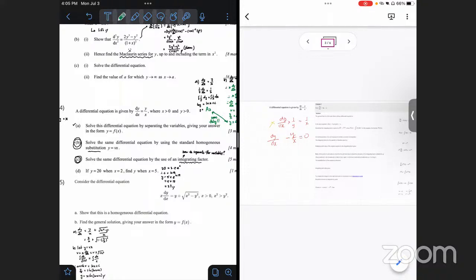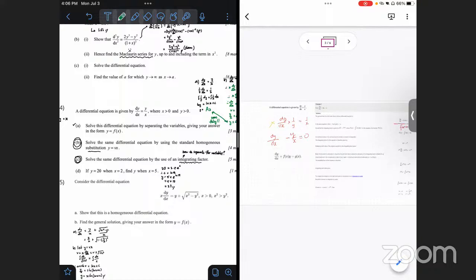Whatever I'm writing is not showing. There you go. I believe this is our solution. I'm writing stuff and it's not appearing. Okay, there you go.